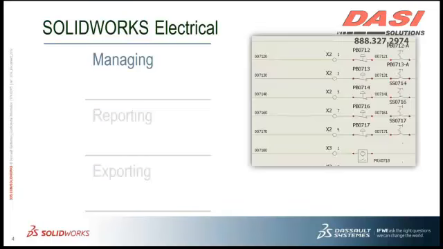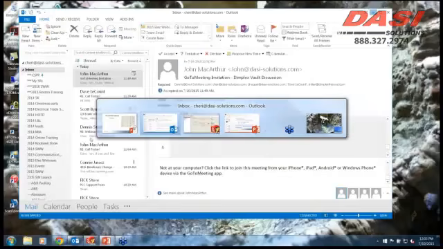In the managing, we can do a number of different things because of that SQL database. One of those things is the numbering of all of our wires. Normally it takes you forever to number wires in a project, and with our automated system, you do not have that type of time consumption.